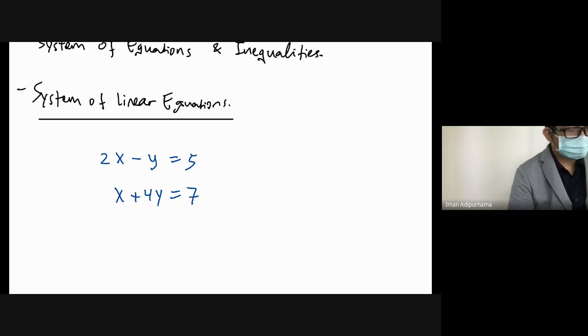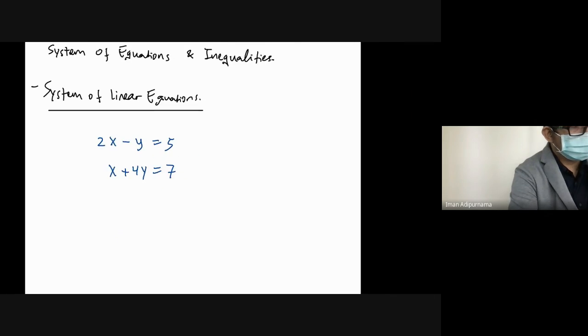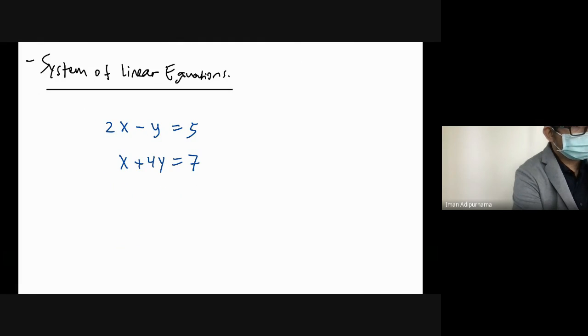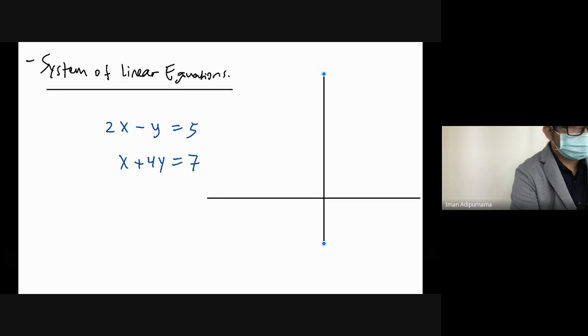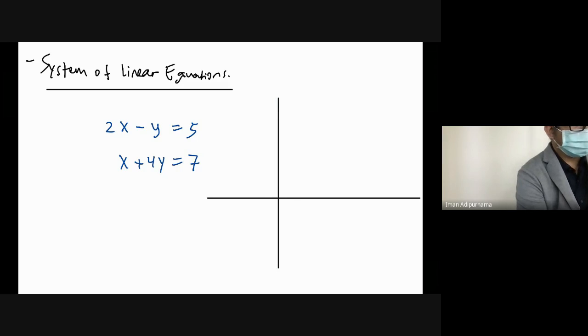Before we look at the solutions, we can check the line, the graph.